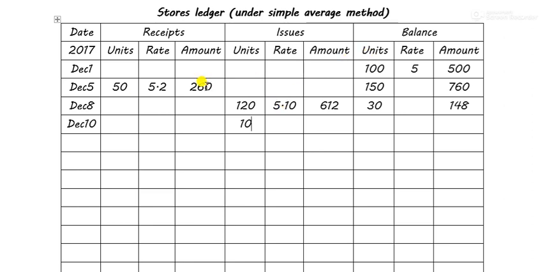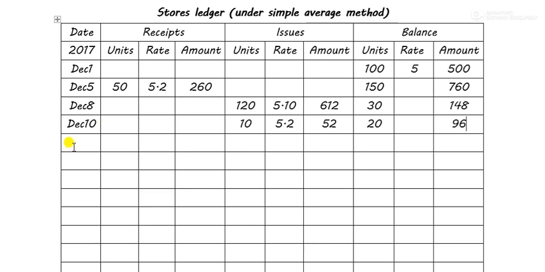Now we have only one lot left, the rate of which is 5.2. So this 10 kgs has been issued from this lot only. Why would we take the average of these two types of units? We'll take the rate of only this lot, 5.2, which is equal to 52, and then we have 20 units left at 96.